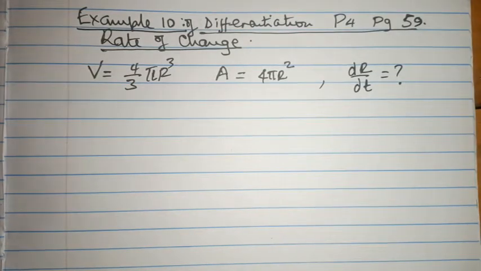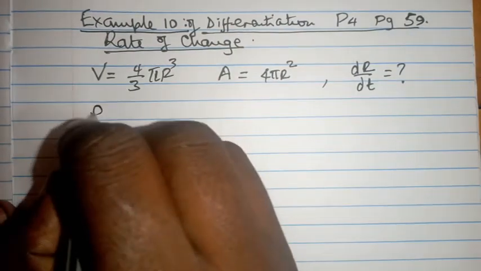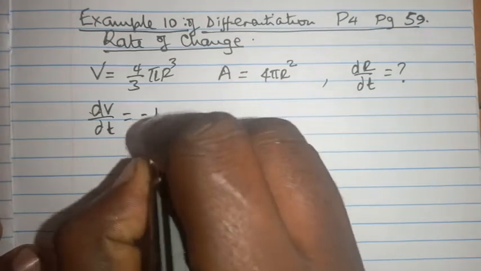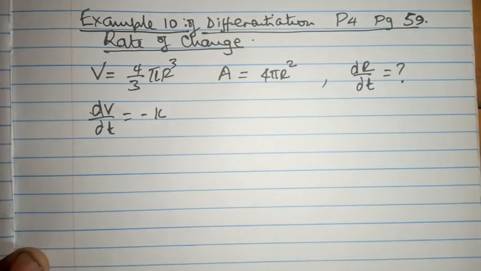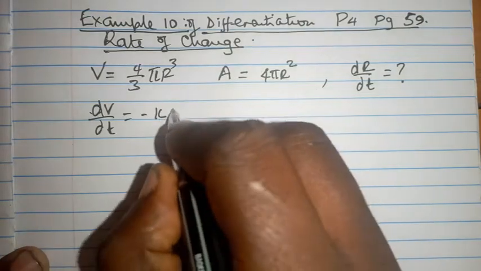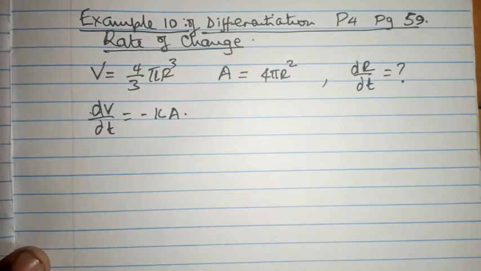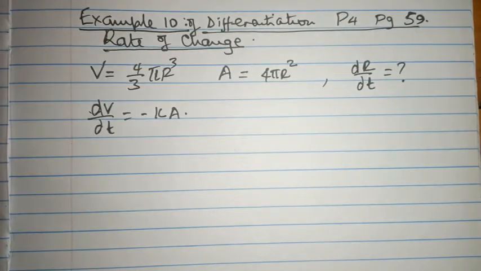First of all, the first sentence tells you that dV/dt is minus kA, because the head of the snowman loses volume by evaporation at a rate proportional to its surface area. That is clear. V is the volume, t is the time in seconds, k is a positive constant, and A is the surface area of the snowman's head.